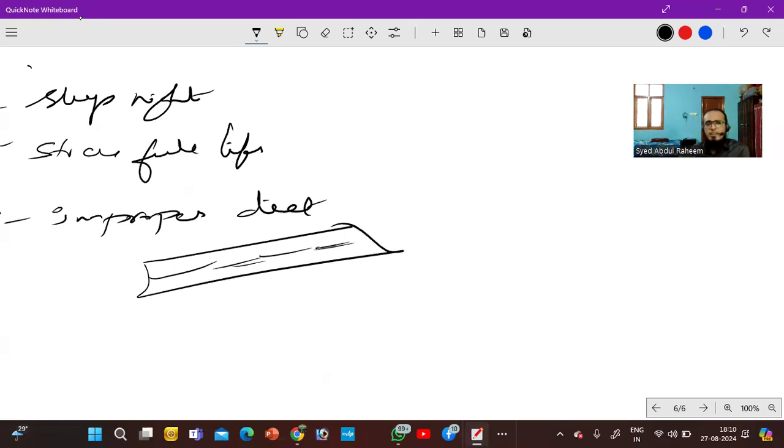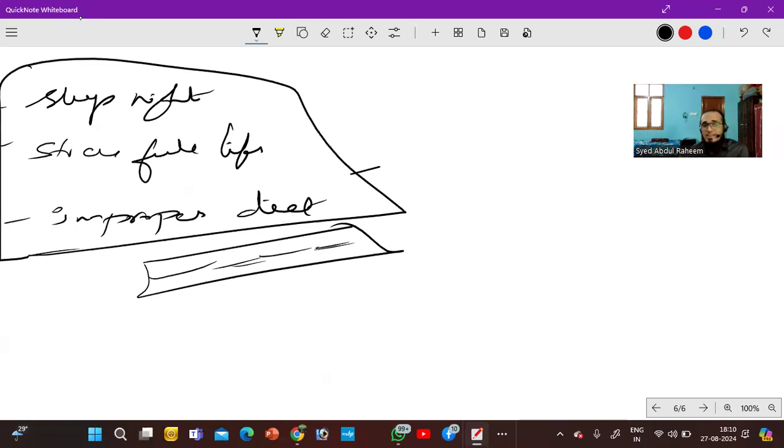Anything they are taking, they don't have a proper diet to maintain the body, to maintain the health. So these are causes which trigger the thyroid gland, or which may lead to hypothyroidism. Okay, so this is the thing we have to remember.